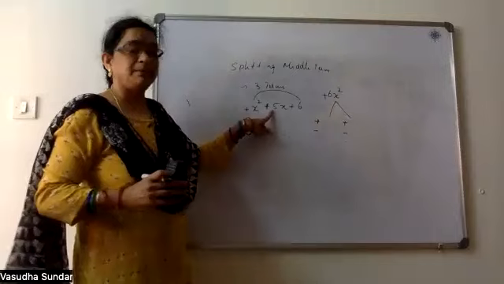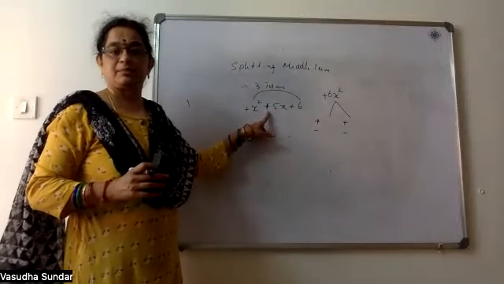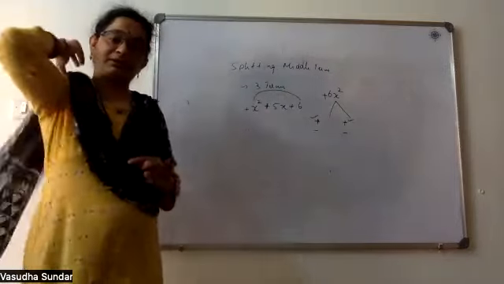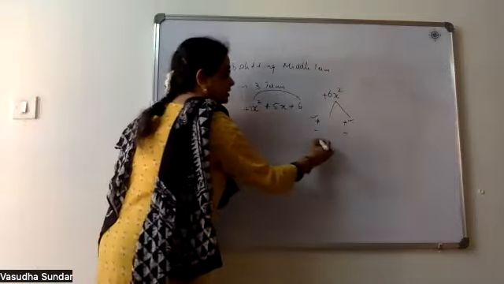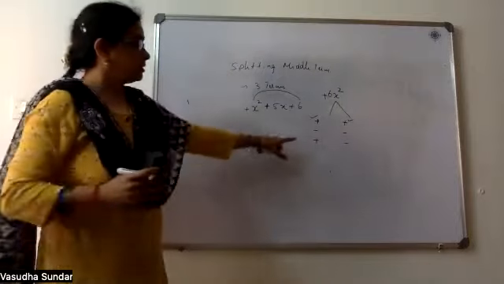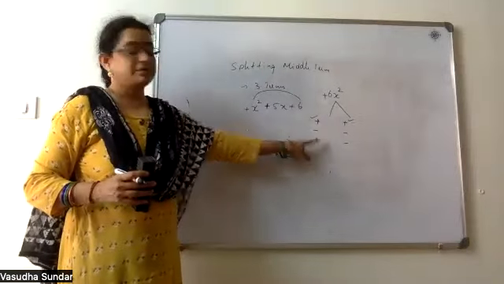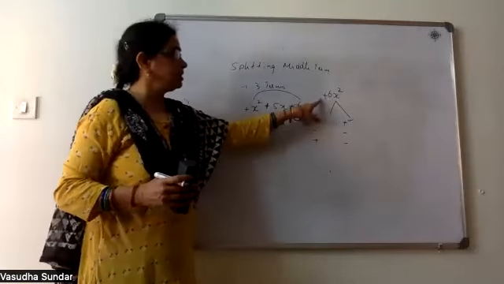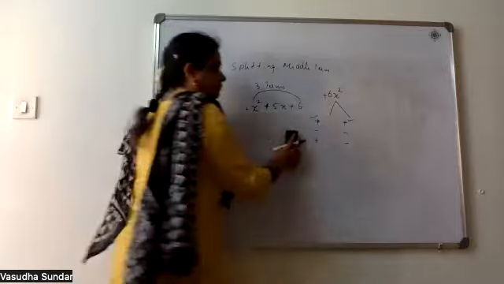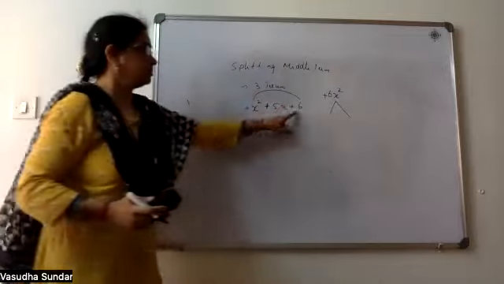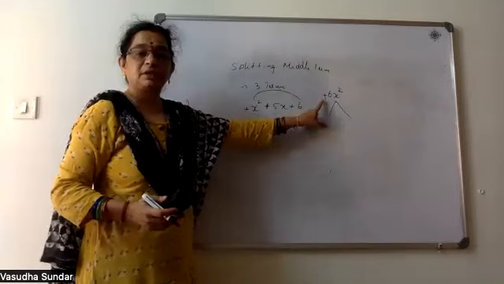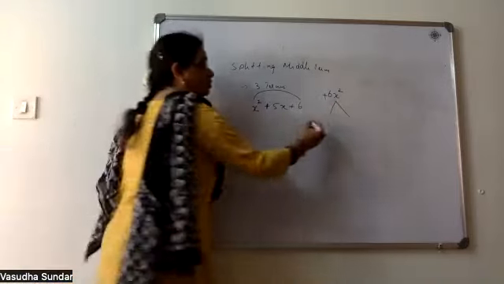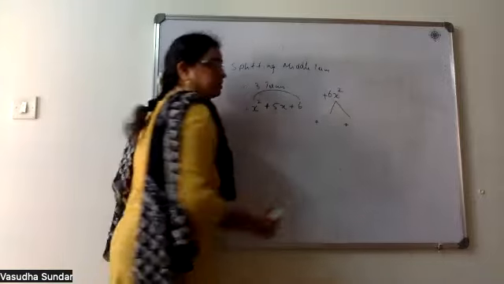But my sum should be plus, right? Which means that both my factors should be plus. Now suppose I have a plus and a minus, where my greater number has plus, that time also I get plus 5x. But plus into minus will give me minus. So whenever you have the sum of the factors as plus and the product of the factors as plus, both the factors should be plus.